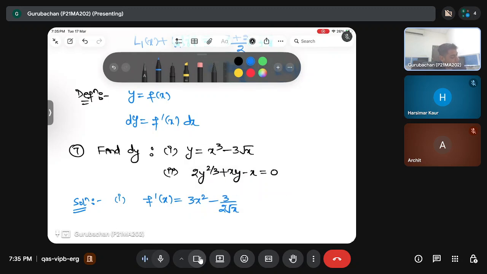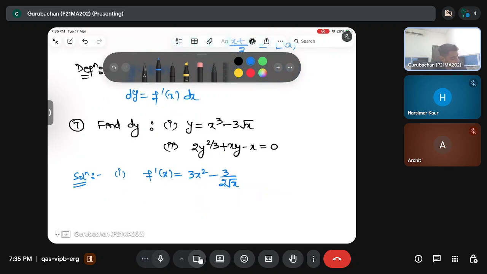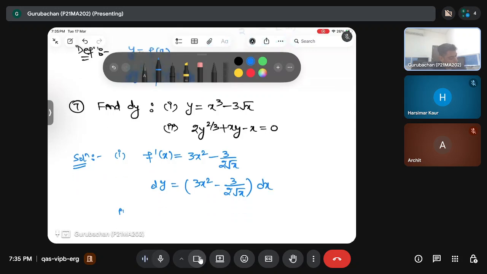So from here you can see that dy is minus 3 by under root x of dx. In the second part, if you differentiate, this will be 4 by 3y to the power 1 by 3 dy.